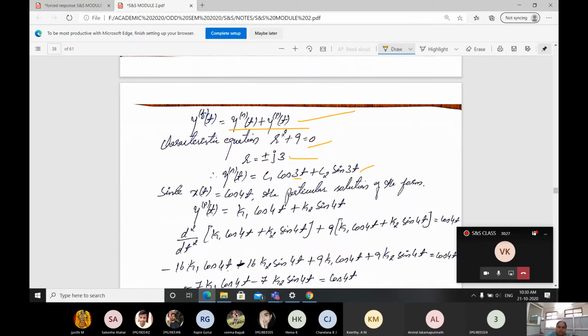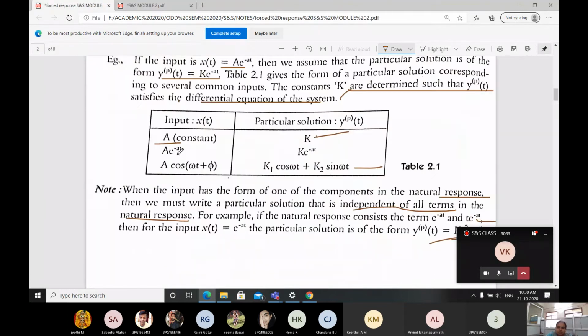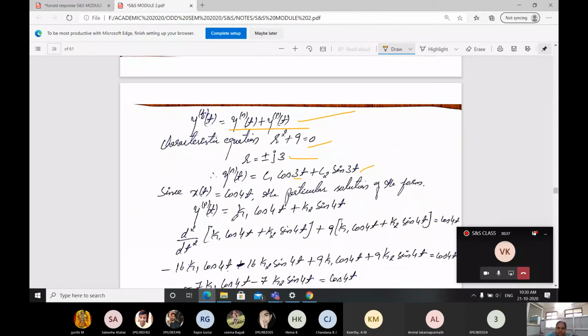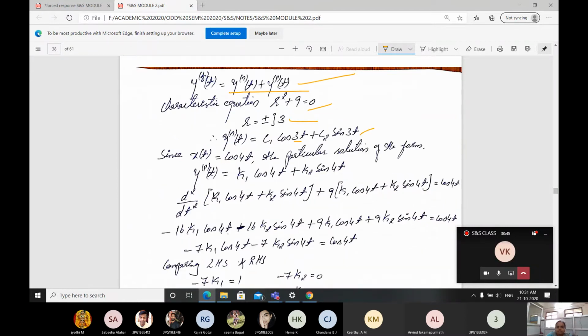Then since x(t) is given as cos 4t, the particular solution, for a form cos(ωt plus φ), we have to take as k1 cos 4t plus k2 sin 4t. Then we have to substitute yp(t) in the given equation.